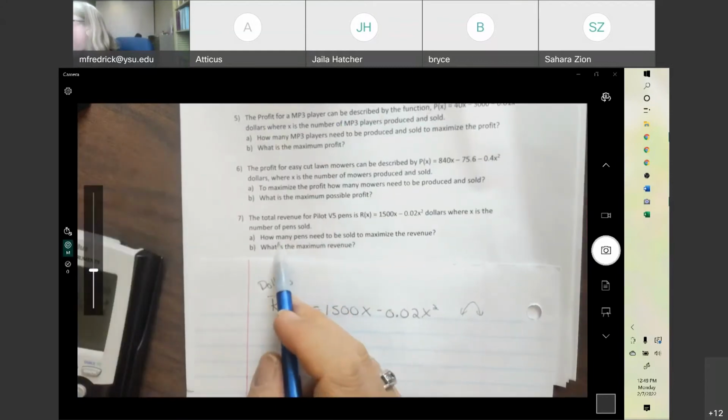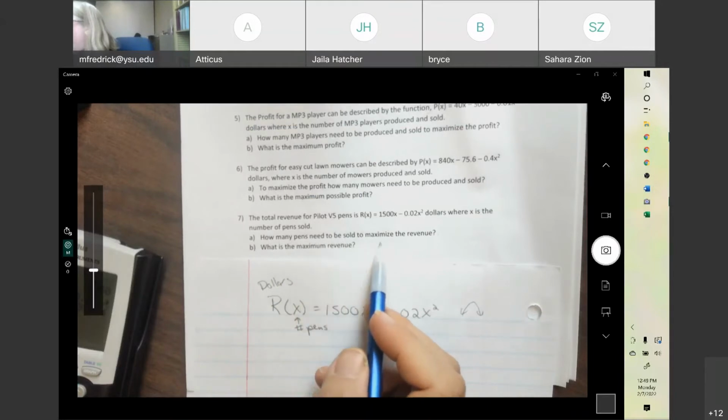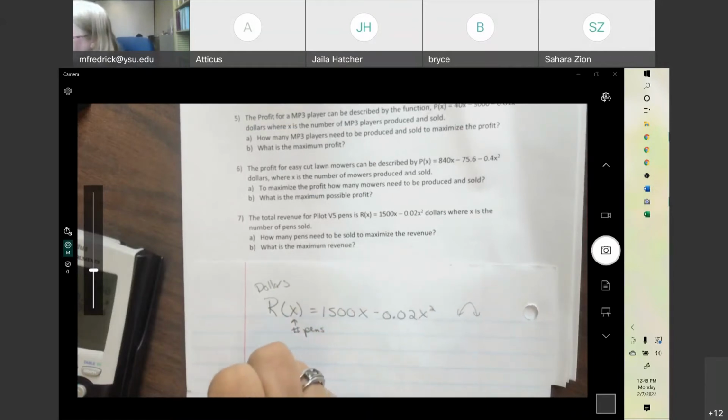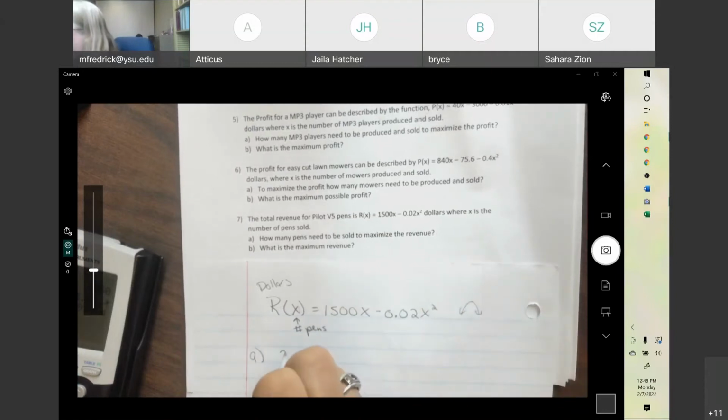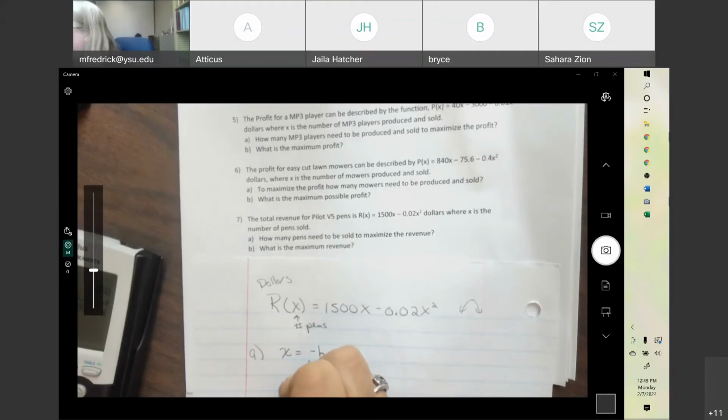I'm sure there'll be examples in other parts. So first thing we need to do is find out how many pens need to be sold to maximize the revenue. Well, it's a vertex and it's going down. So we want to find X, which is negative B over 2A.